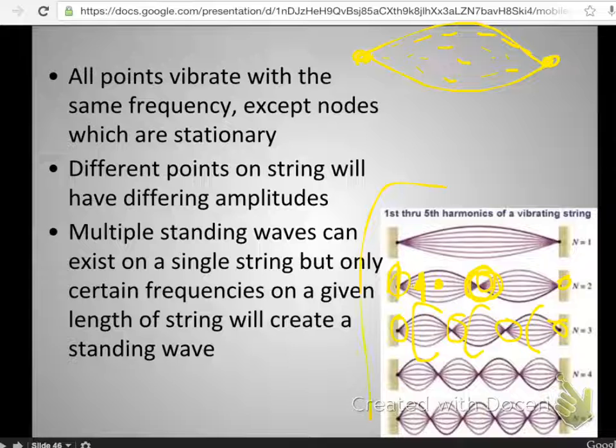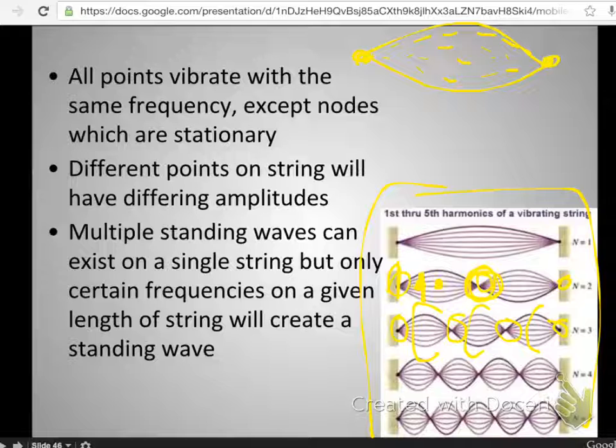If we were doing the music chapter, I'll preview it here since we're not going to get to it. Each of these wavelengths and frequencies would be a musical note if we were looking at this on a string. And there's a slightly different series in closed pipes. Each standing wave is a note.